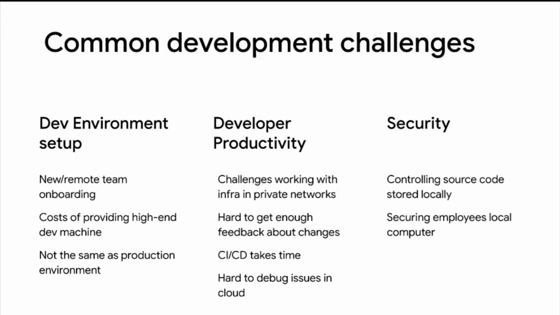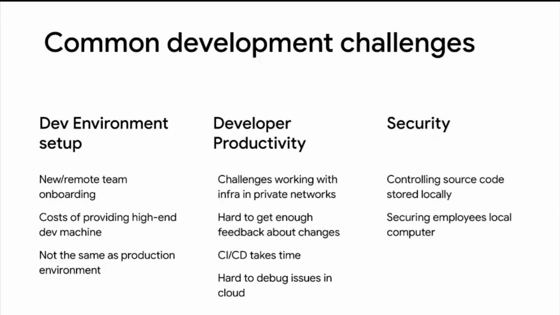And the last thing that I would like to mention is about security itself. So imagine that when you provide somebody with a computer and then they have to pull the application to their local machine, things can happen with their computer. Some of them will get robbed.